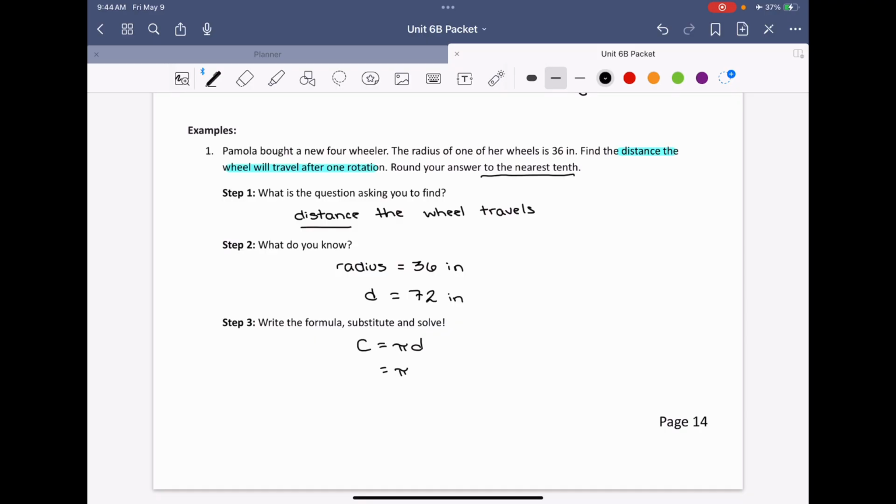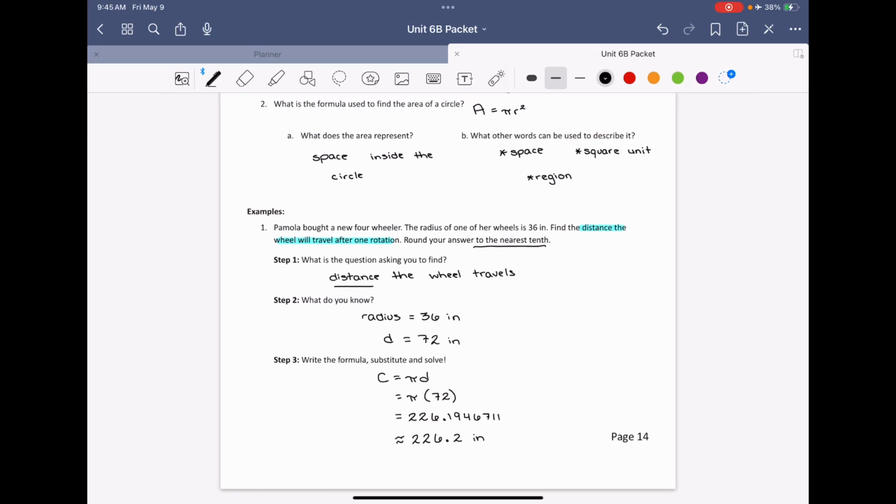So pi times 72. We're rounding to the nearest tenth, so I have to show my decimal first, 226.19466711, which is approximately 226.2 inches.